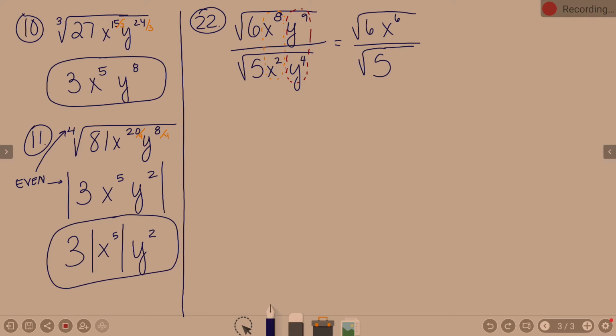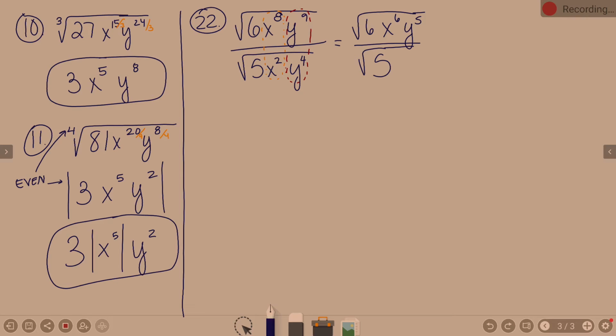And where are there more y's? On top. So that's y to the 5th. So that's the first simplifying step I would recommend, is do any division that you can. Okay, clean it up a little bit. We have less terms this way.